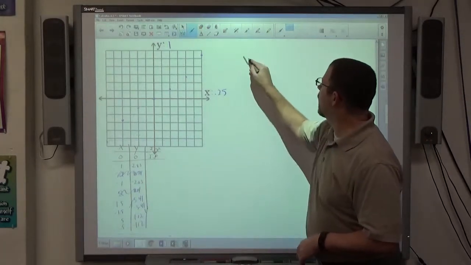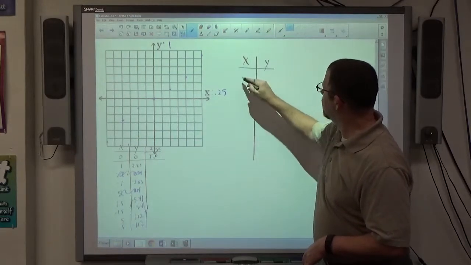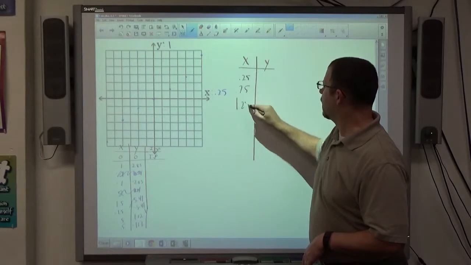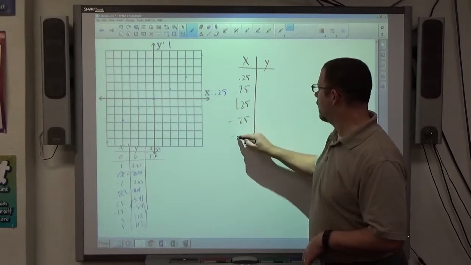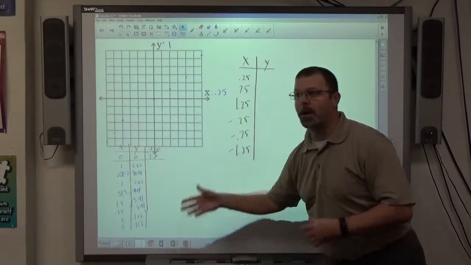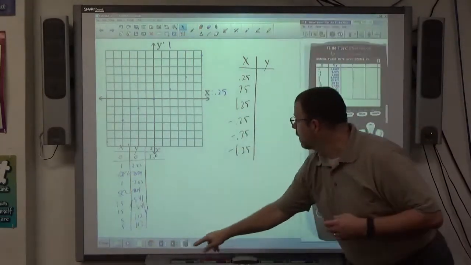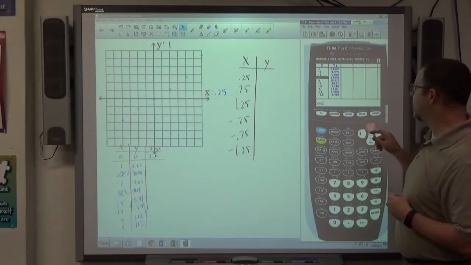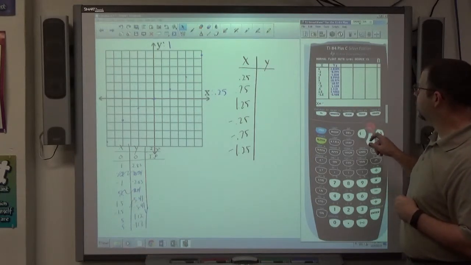Pick some more points. X, Y, 0.25, 0.75, 1.25, negative 0.25, negative 0.75, negative 1.25. Again, I got room on my graph to get more points, right? Just put it in my calculator. Again, I can pick any x's I want. My calculator's doing all the hard work for me. It's evaluating it.